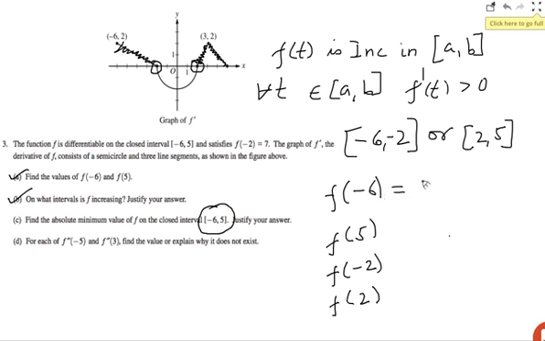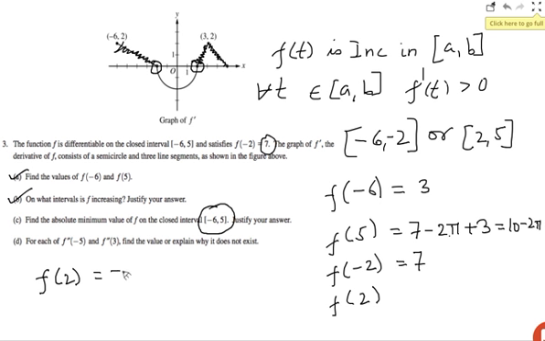Now, a little while ago, we derived f of minus 3, which is 3, and f of 5, which is going to be 7 minus 2 pi plus 3, which is 10 minus 2 pi. Okay. F of minus 2, we need to find from this information, which is going to be 7. And f of 2. For f of 2, again, I'm going to use the fundamental principle of integral calculus.